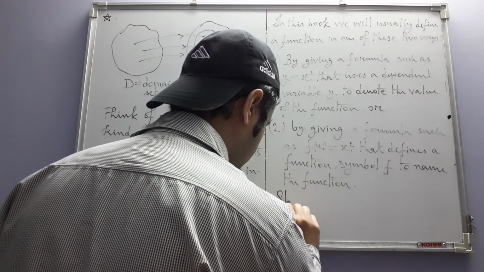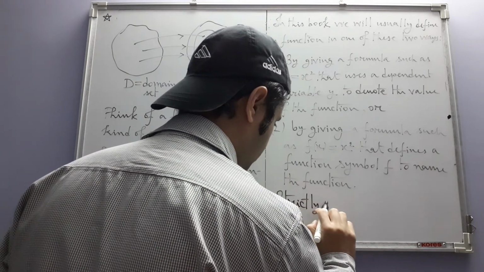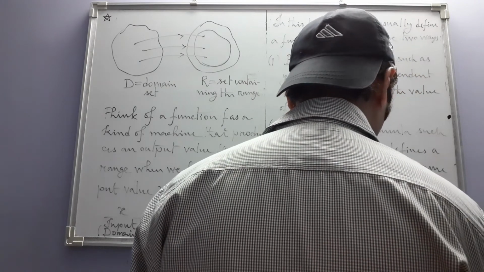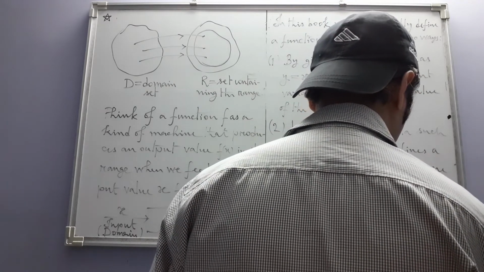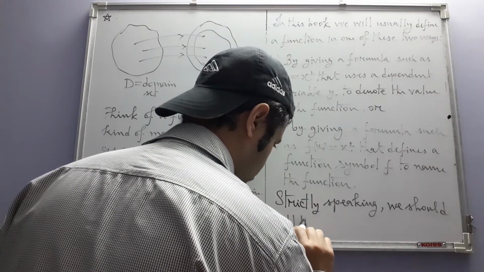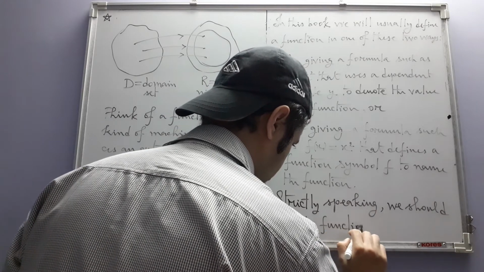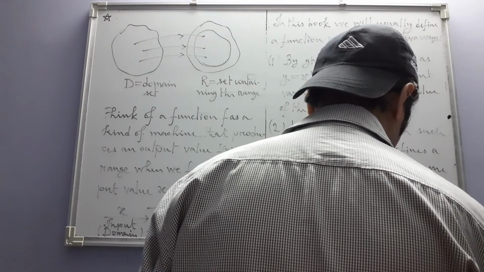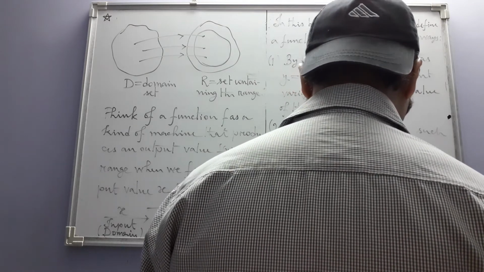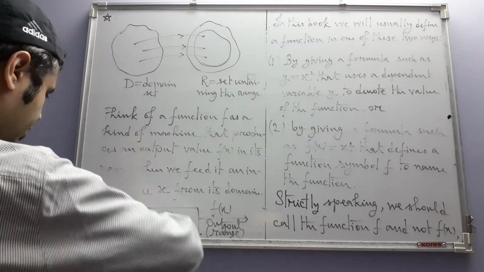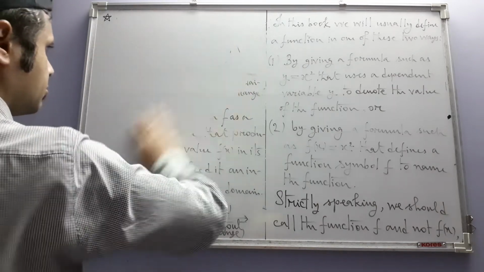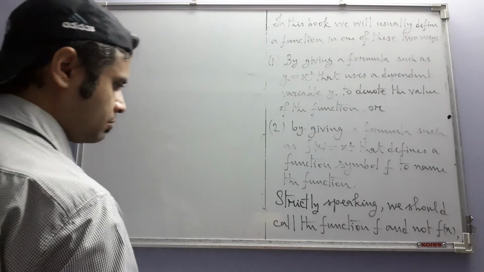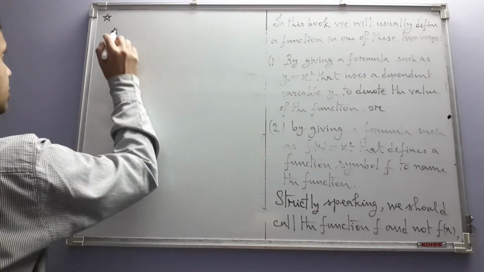Strictly speaking, we should call the function f and not f of x, as the latter denotes the value of the function at the point x rather than the function itself.